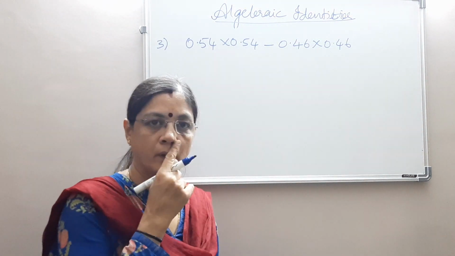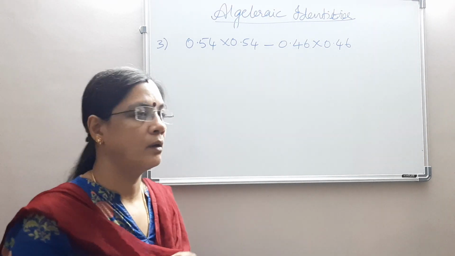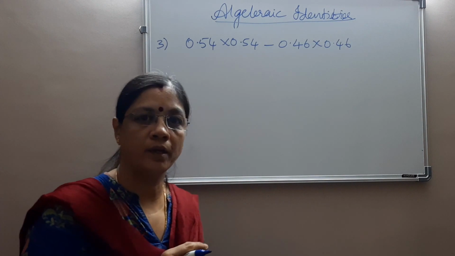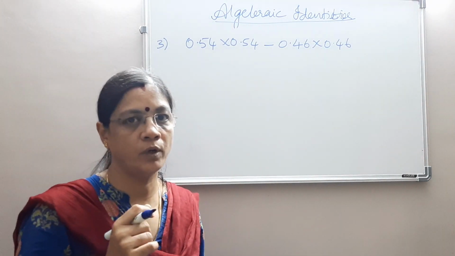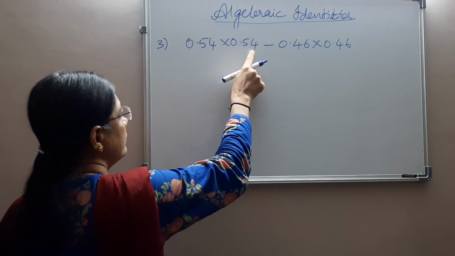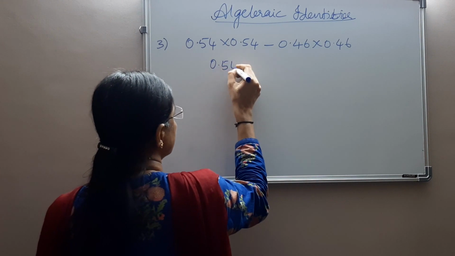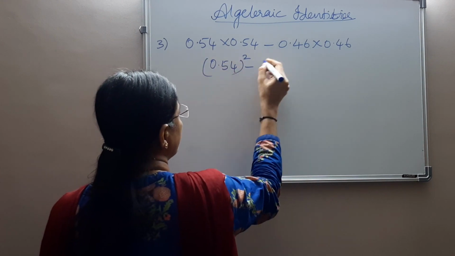Now we have seen in identities there were literals or variables, and now in place of variables, constants are given, so that we'll be able to get an answer for it. Now when we observe, we have similar terms here and similar terms here. Let me rewrite so that you'll be able to identify with the identity.